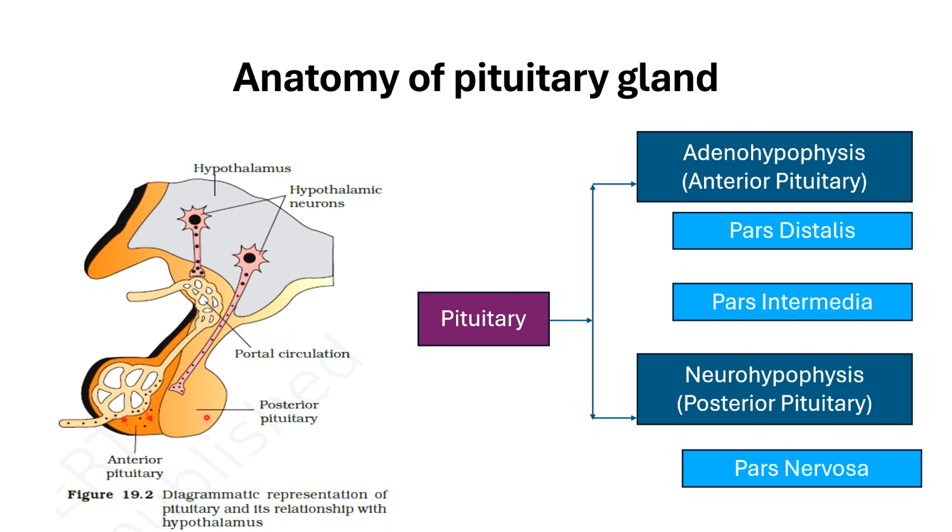And the posterior pituitary is connected to the hypothalamus through nervous connection, or through the axons. Now this anterior pituitary is further made up of two parts, that is pars distalis and pars intermedia, and the posterior pituitary is made up of pars nervosa. Clear? So this is all about the anatomy of the pituitary gland.